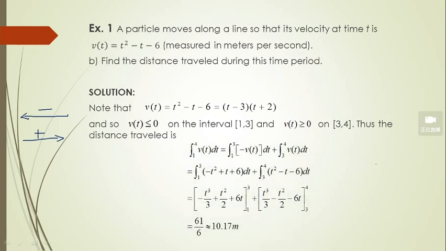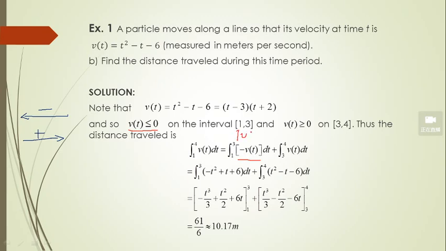So the position change will be 1 to 4 seconds, right? But we need to evaluate the distance, and we know from 1 second to 3 seconds the velocity is negative. So we put a minus, which means we take the absolute value inside the integrand because the velocity is negative.